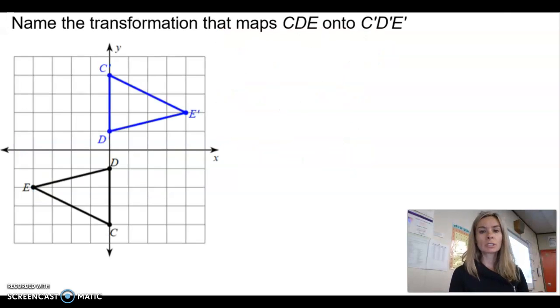Name the transformation that maps CDE onto C prime, D prime, E prime. Do you see a slide, a turn, or a flip? A turn? Okay. A rotation. I agree with you. It is a rotation.